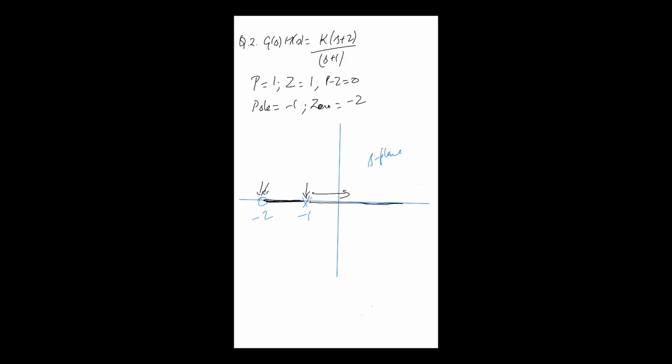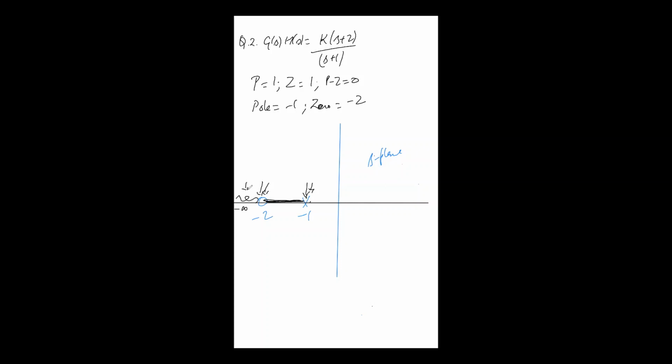Now after moving from here, if you again see from the pole, this will not be part of my root locus. If you are again standing at minus infinity and see the total number of poles and zeros on the real axis, which is 2, this will not be part of my root locus.